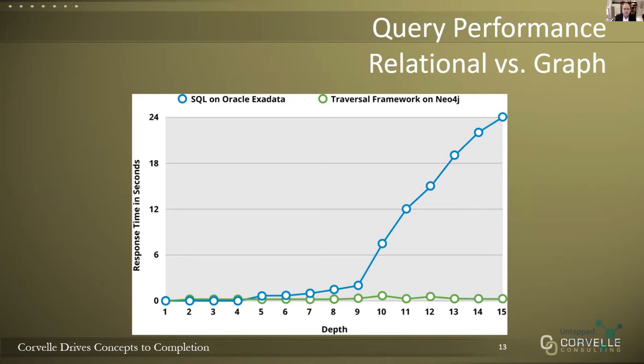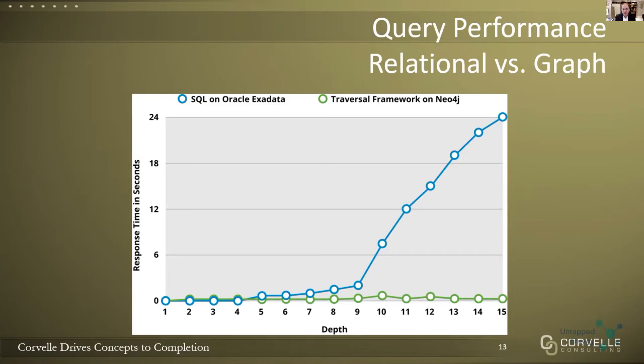The number along the x-axis is the depth of the relationships that you have to traverse in order to complete the query. So maybe the simplest way to say it is, if you have 8 joins in your select statement, you're good.